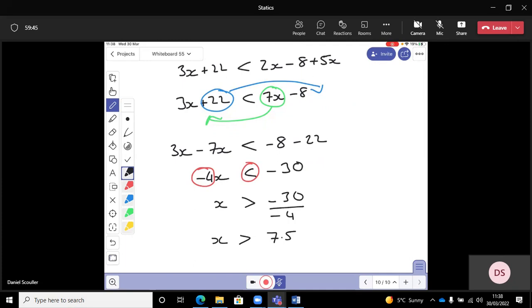Okay, so x is greater than 7.5. So the x value for that expression to work has to be greater than 7.5. That is the key step. Moving a negative from one side to another changes the symbol in an inequality. That is the one big rule that we need to know for inequalities.